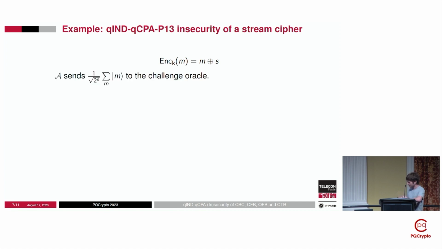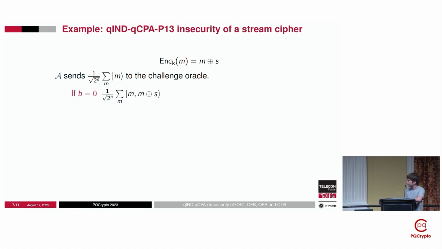So A will send what we call the uniform superposition to the challenge oracle. I don't assume particular knowledge of quantum formalism here. I will introduce the function A will use, but this is just a quantum state with a superposition of all messages with equal probability.